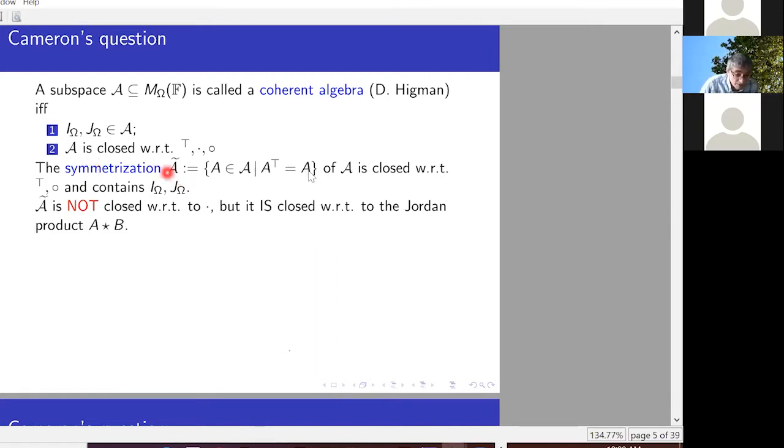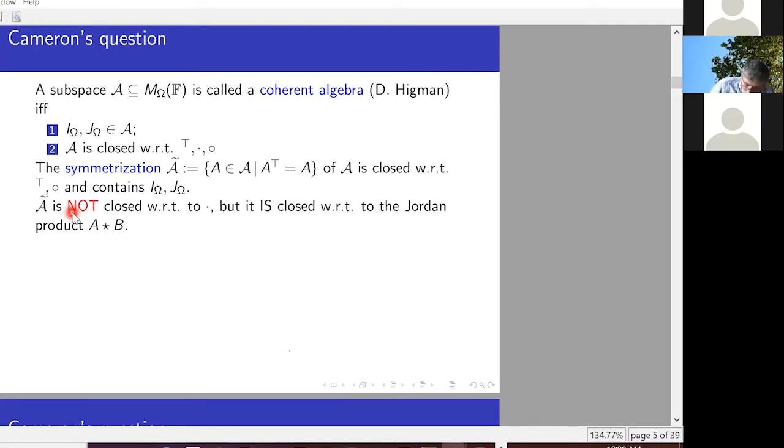If I take the symmetrization of a coherent algebra, it is closed with respect to transposition and Schur-Hadamard products and contains both units, but it is not closed with respect to matrix multiplication. That's the bad news. But the good news is that it is closed with respect to Jordan product.